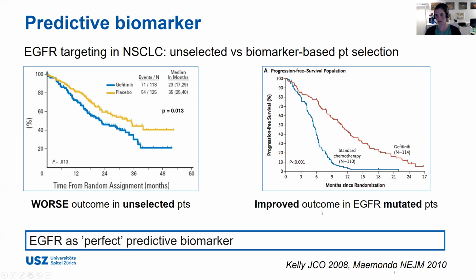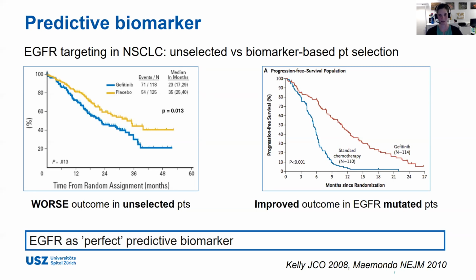But then if we give it to EGFR mutated patients, we have suddenly a significantly better outcome. So EGFR is really a predictive biomarker based on which we can select therapy.